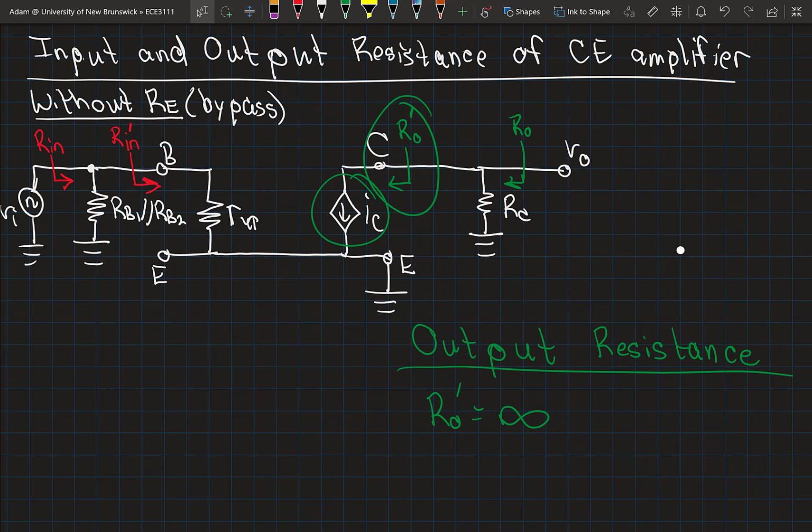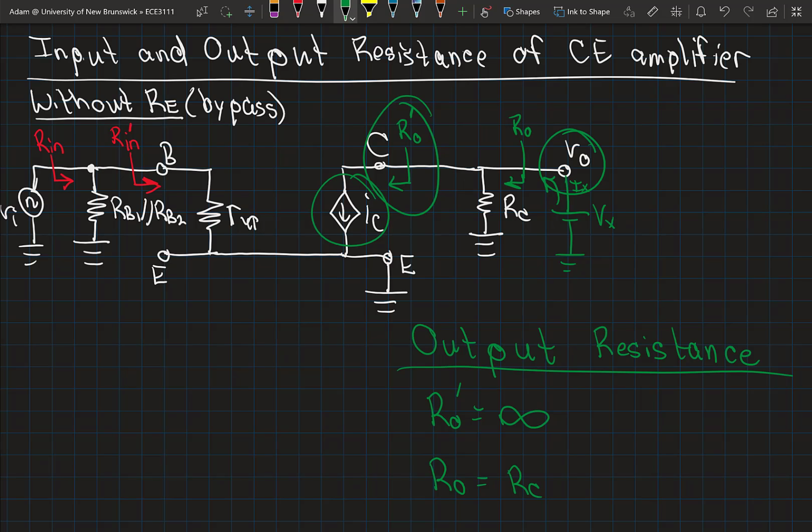Whereas R out, when we take into account the bias circuit, looking back from where the output is taken, is equal to RC. One way to assess the resistance at any point in a circuit, looking back or looking forward, is to apply a test voltage, let's call it Vx, and assess what current Ix flows.